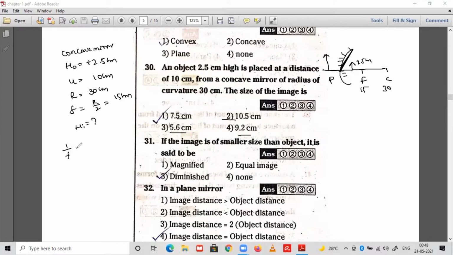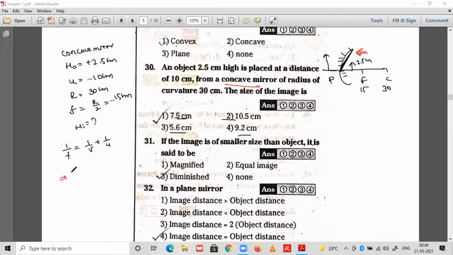First we need to find out the image distance. Before that, we need to apply the sign convention. This is the incident ray direction. So the height of the object will be positive, the object distance is negative, and the focal length is also negative. Why? Because it is a concave mirror.